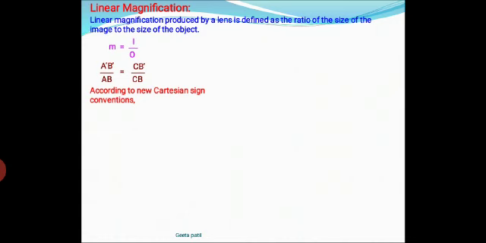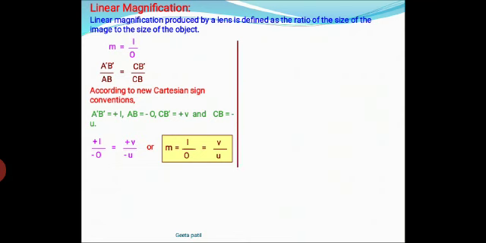Now, according to new sign convention, A'B' is equal to plus I, AB is equal to minus O, CB' is equal to plus V, and CB is equal to minus U. Therefore, the above equation will become plus I by minus O is equal to plus V by minus U. That is, the linear magnification M is equal to I by O is equal to V by U.